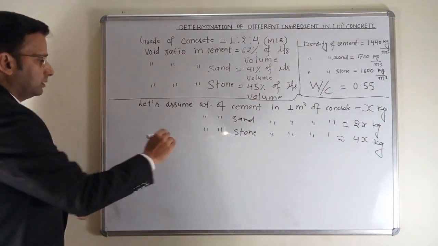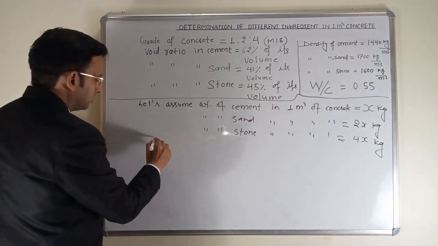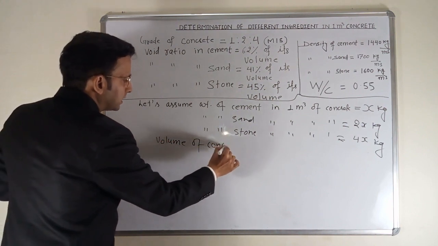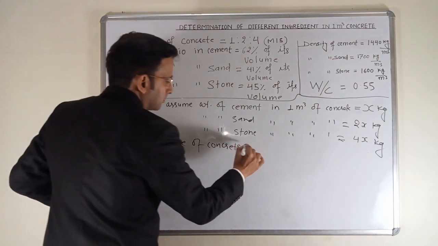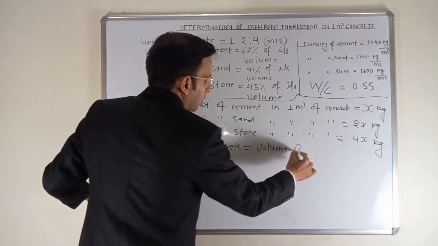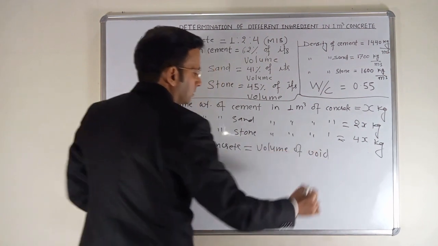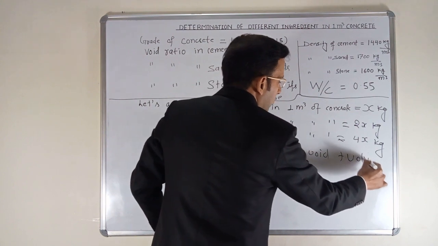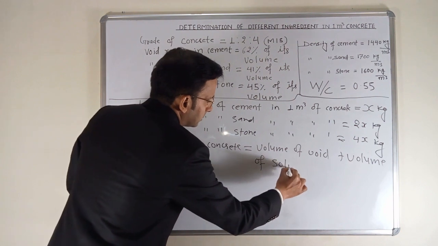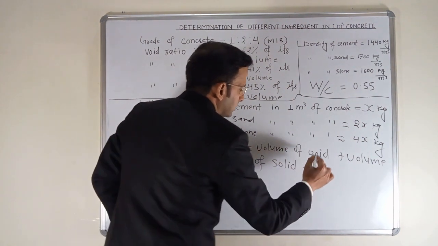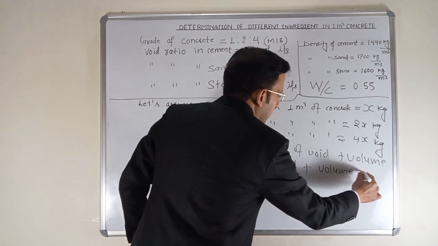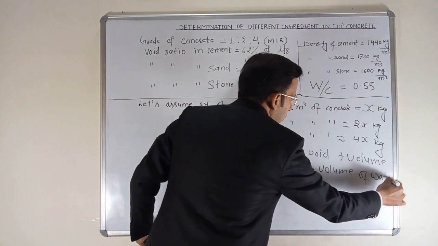Okay, now you might know the volume of concrete will be equal to volume of void plus volume of solid plus volume of water.